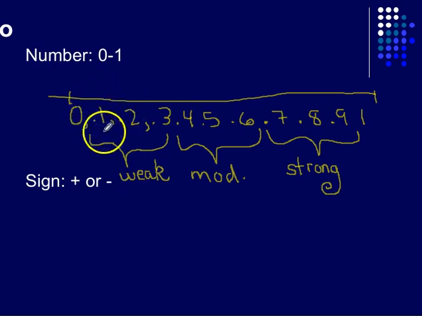Would it be down here with a weak correlation where one variable hardly ever predicts what the other one is doing? The association is very weak. Or would it be over on this end of the scale where when one thing does something, the other one almost always goes along with it?